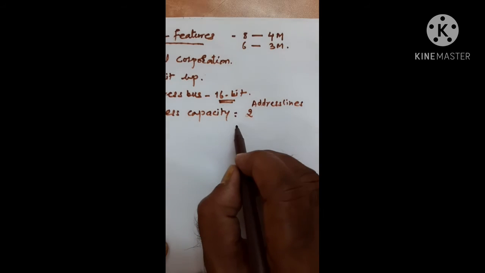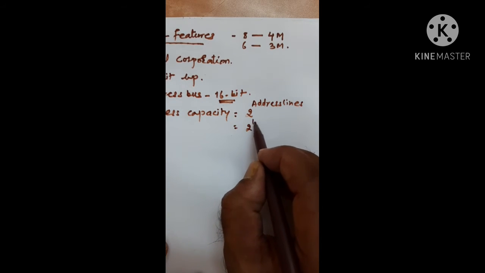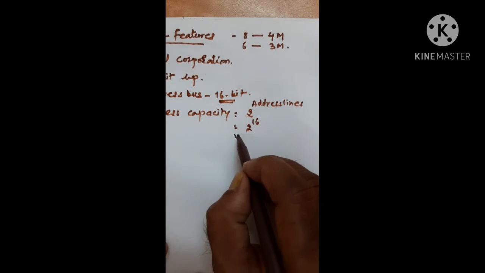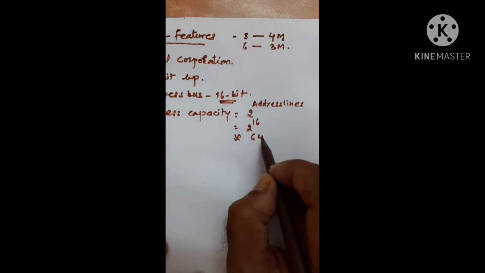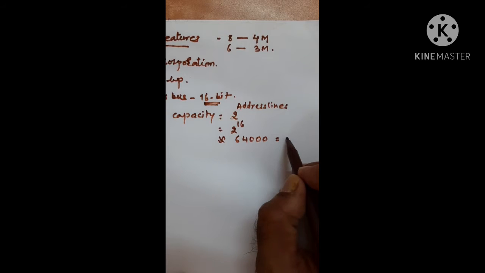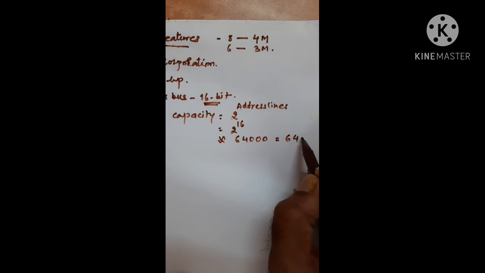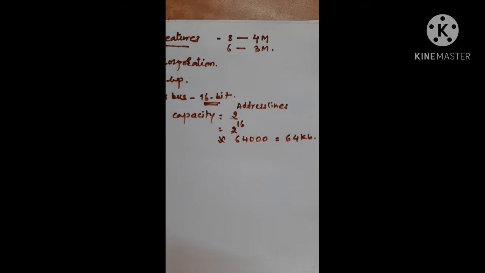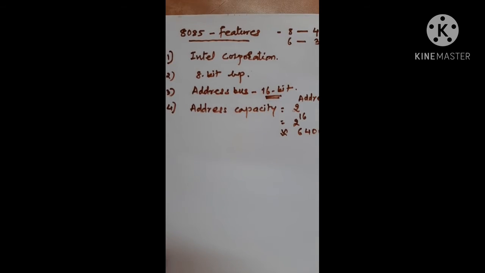So that comes to 2 raised to 16, and that approximately equals 64,000. So this address capacity is 64 kilobyte. These many locations can be addressed, initialized or accessed by this microprocessor 8085.